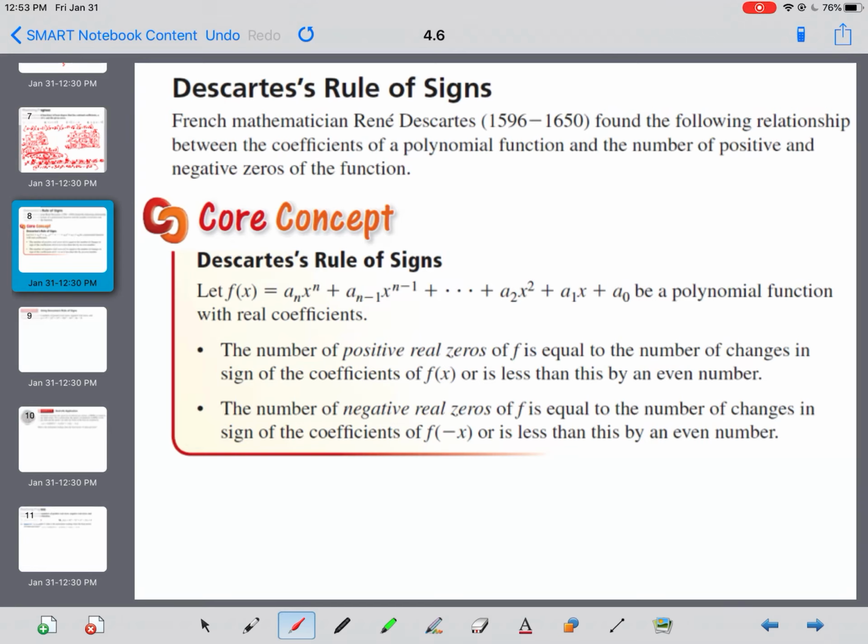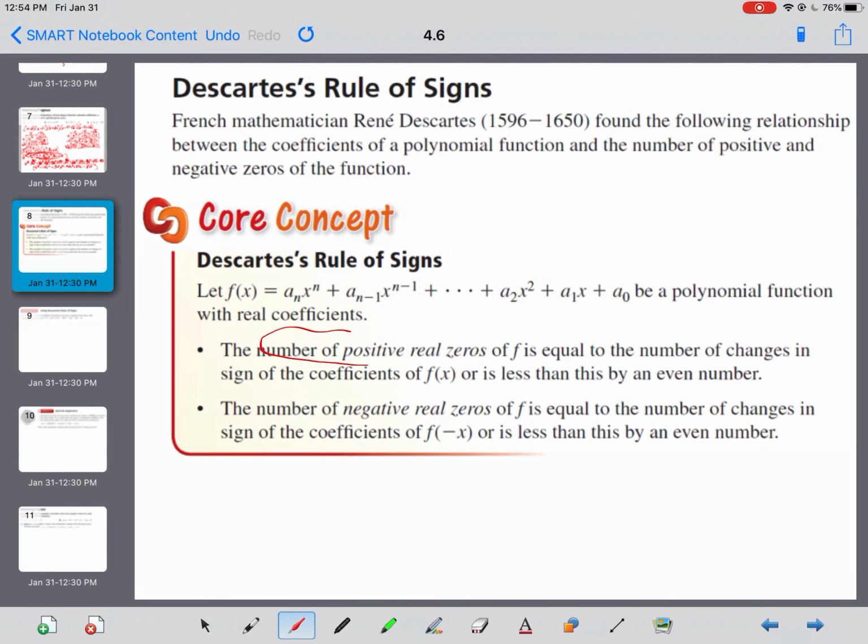Descartes' rule of signs. What we're doing with Descartes' rule of signs, we're figuring out how many of what kinds of answers, zeros, solutions, solves, x's, intercepts, all that other stuff that it's called, how many of each kind there could be. I mean, we could graph it, we could see which ones they actually are, but we can tell how many there could be based on the rule of signs.